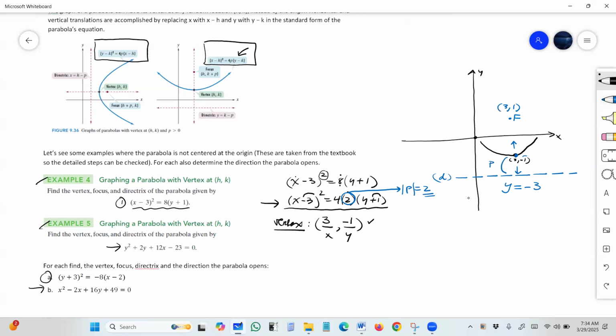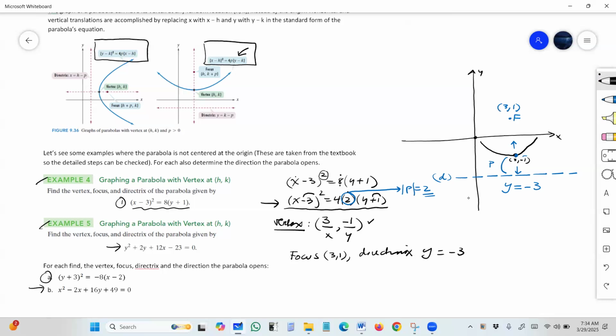I don't need to see this picture, obviously. So for the focus, you would write focus 3, 1, directrix. Now, don't say just -3. This is incorrect. You have to say an equation. It's y equals -3. And that's that first example.